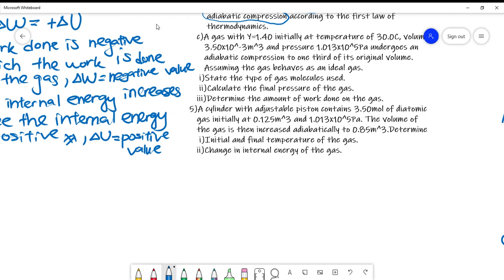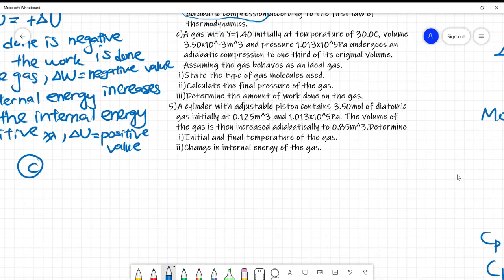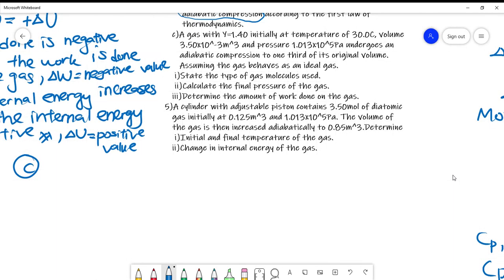So what will be our part C here? A gas with gamma 1.40. This 1.40 shows us the degrees of freedom. Let me explain it. Our ratio of Cp over Cv is actually (f plus 2) over f.